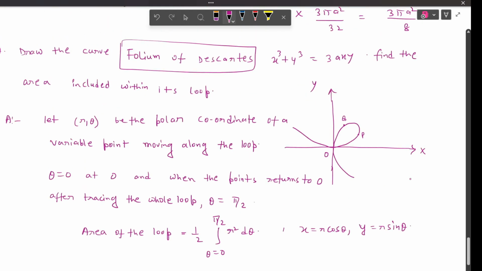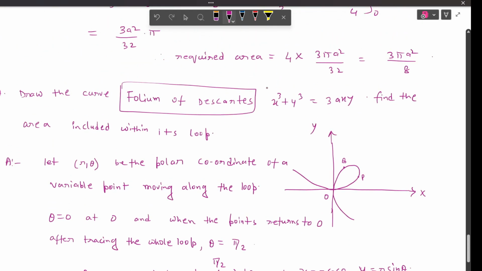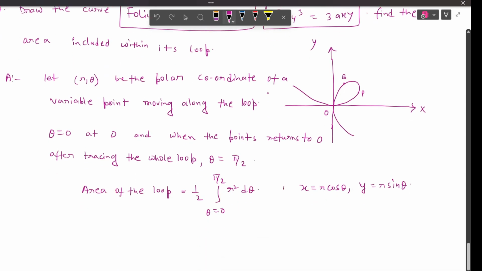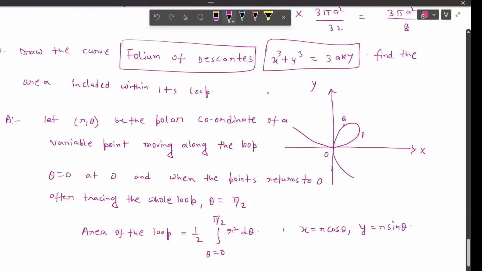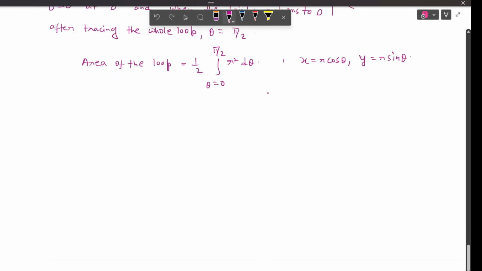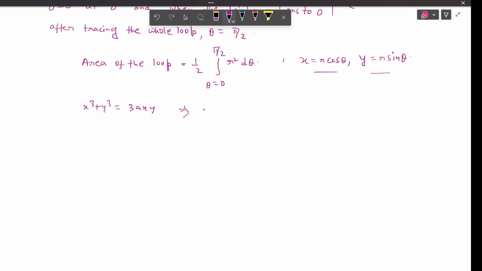Now let us put this value in the folium of Descartes graph equation, x cube plus y cube equals 3axy. So let us put these values here.